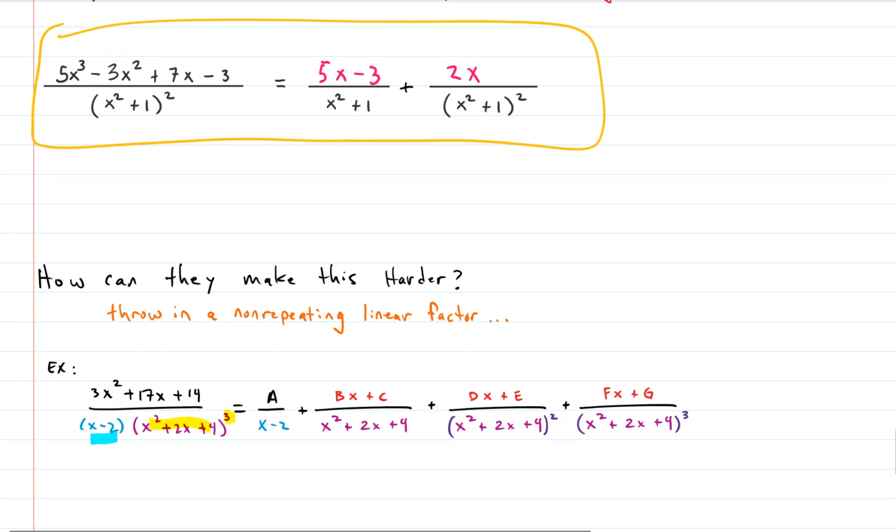So in our problem setup, the repeated quadratic, again, would have a linear top here, and I have 3 of them because there are 3 times that this factor appears. So I have a term for the first, second, and third time it appears. And then I have an extra term for my linear. And with linears, we just put a single constant in top. We don't have to put a linear factor in top.